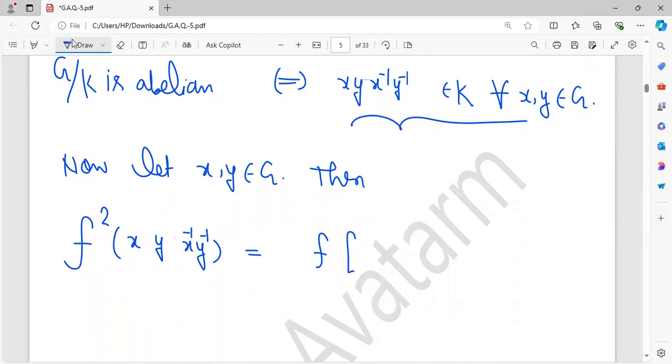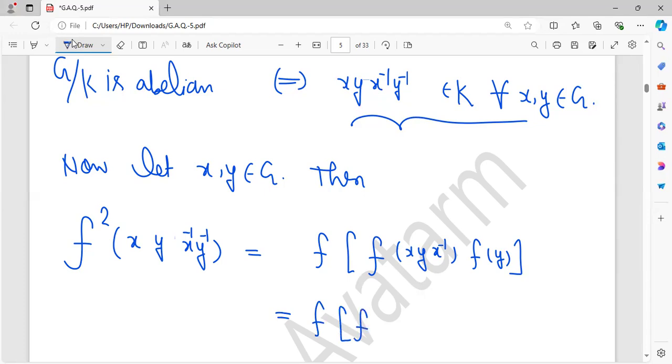So what can we write this as? We can write f of x y x inverse, f of y. Okay, we can write like this. So what is this actually?